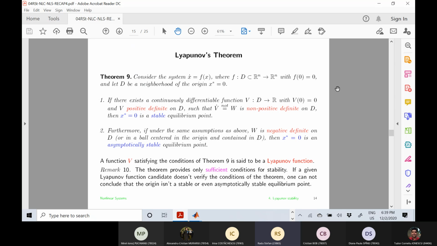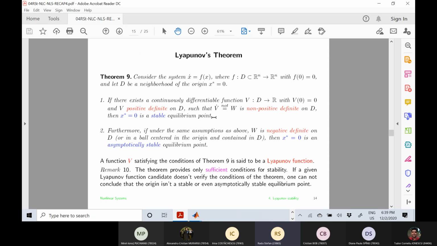And if we find a Lyapunov function, which has to have, from a candidate point of view, three important properties: continuously differentiable on a neighborhood of the origin, 0 at the origin, and positive definite on this neighborhood. This is always our candidate, and then we will try to prove that it decreases along the trajectories.